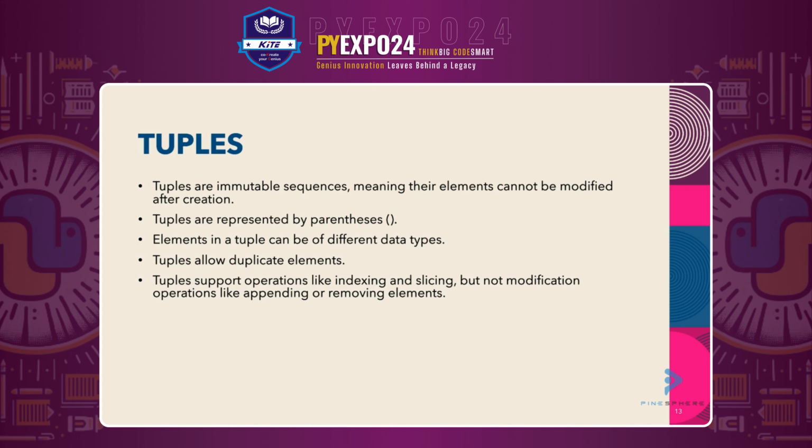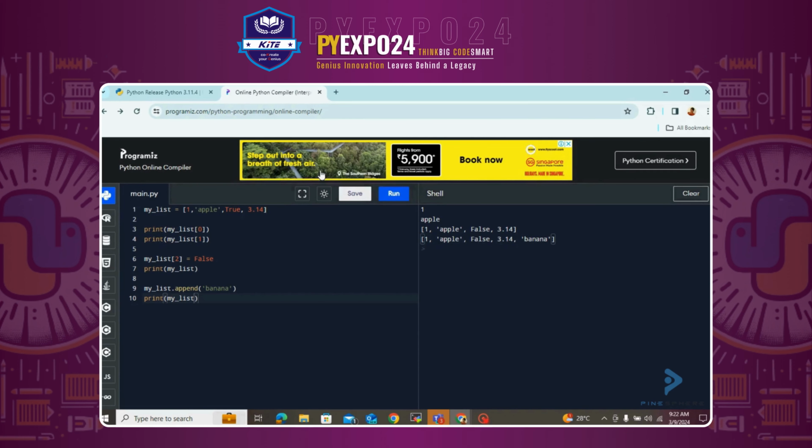Likewise, in a tuple also different data types can be given. Also, a tuple is represented by parentheses. A list is represented by square brackets. A tuple is represented by parentheses. Let us see this with an example.